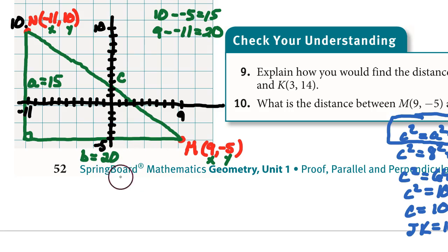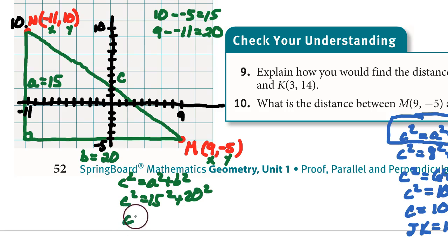Now we can use the Pythagorean theorem. C squared equals a squared plus b squared. Fill in 15 for a and fill in 20 for b. Because these numbers are starting to get a little large, you might need to use a calculator on this. 15 squared is 225. 20 squared is 400. Therefore, c squared is 625.